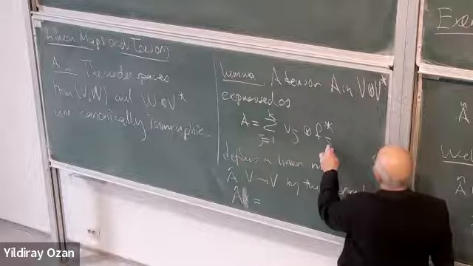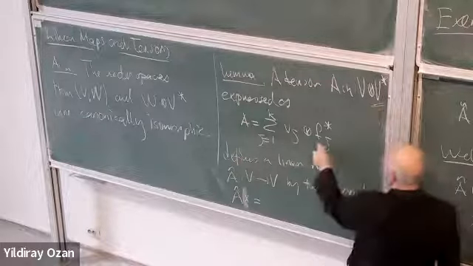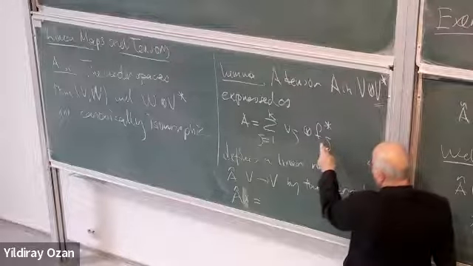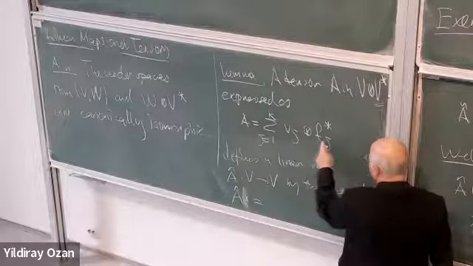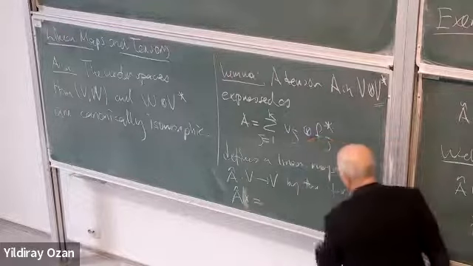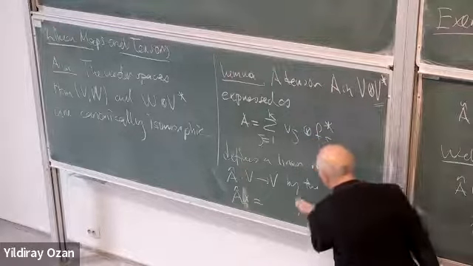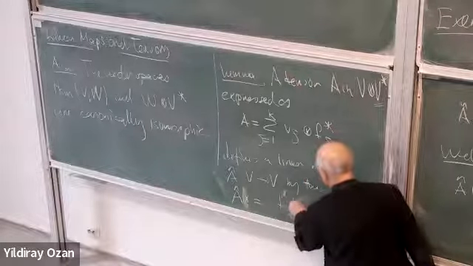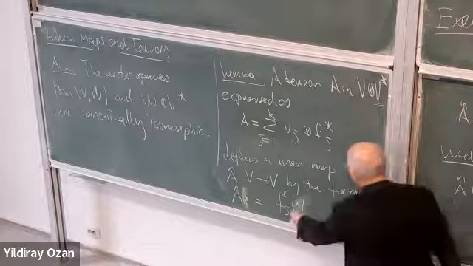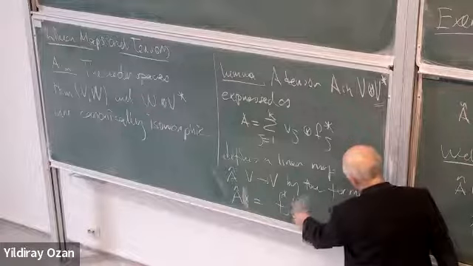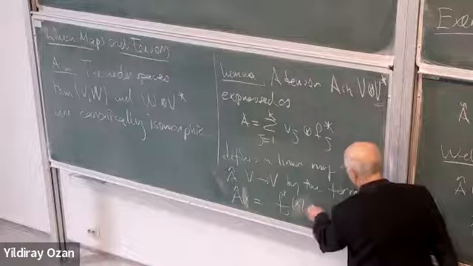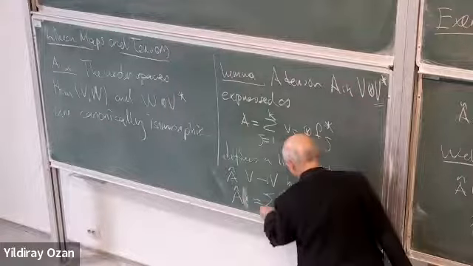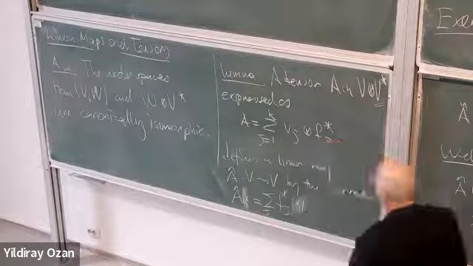f_j star is an element here. So this guy is vectors. We will just make this guy eat that vector. So f_j star will eat this. This is the real number. Sorry, it's a scalar. I will multiply this by this vector and then take the sum.